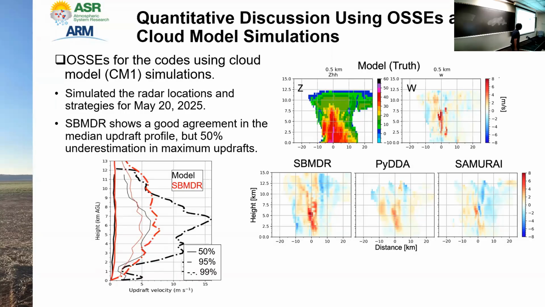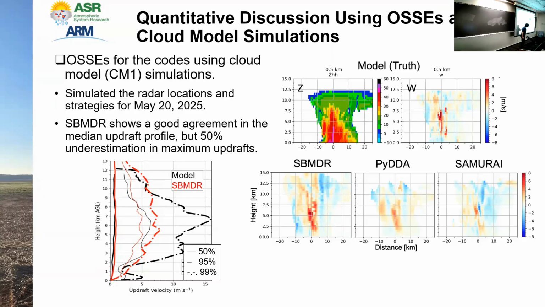So this is a statistical comparison between the model and the Stony Brook code. Red is our code, and black is the model, which is the truth. The median and the 95th percentile are very consistent, but the 99th percentile is very different.